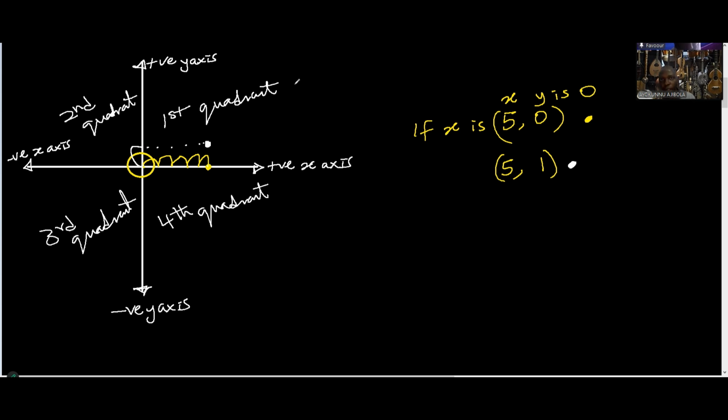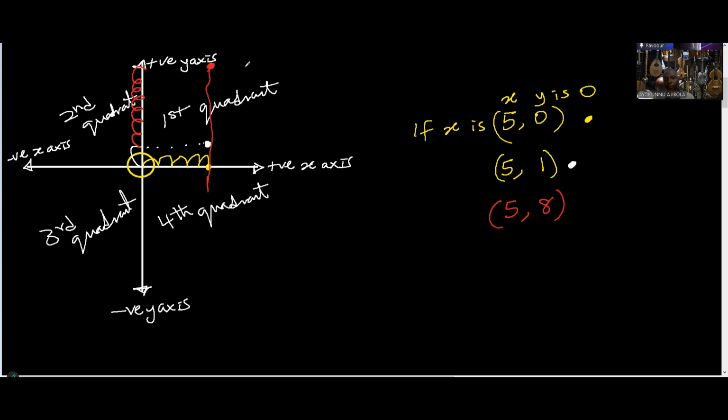Now, let us look for another one. Maybe x remains 5 and y goes to 8, okay? Instead of counting only one, we count the second, the third, the fourth, the fifth, the sixth, the seventh, the eighth. So instead of the point being close to the x-axis, it's away from the x-axis, but it's still at the point of that 5.